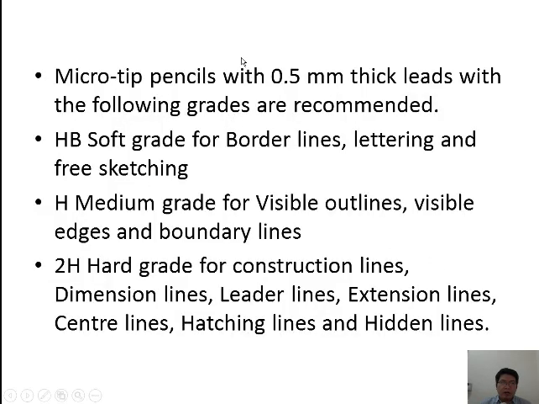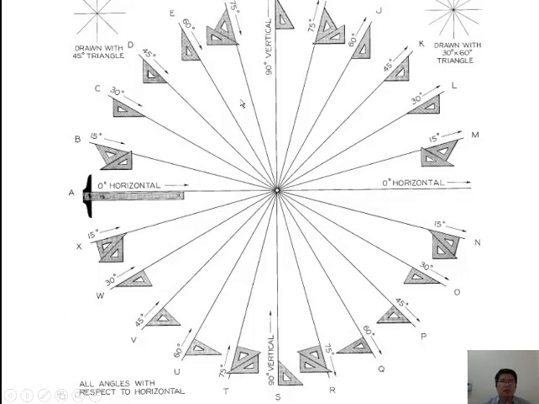I recommend you use 0.5 leads with HB or B. This is for standard drawing, so you don't have to follow. Just use HB for not important lines. Later on you will know what are not important lines. And for the main lines, please use B, because HB is slightly harder to see.